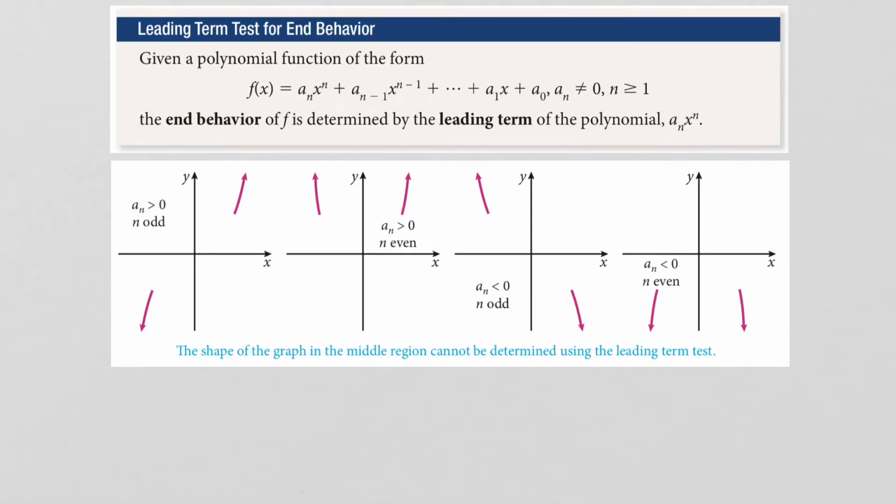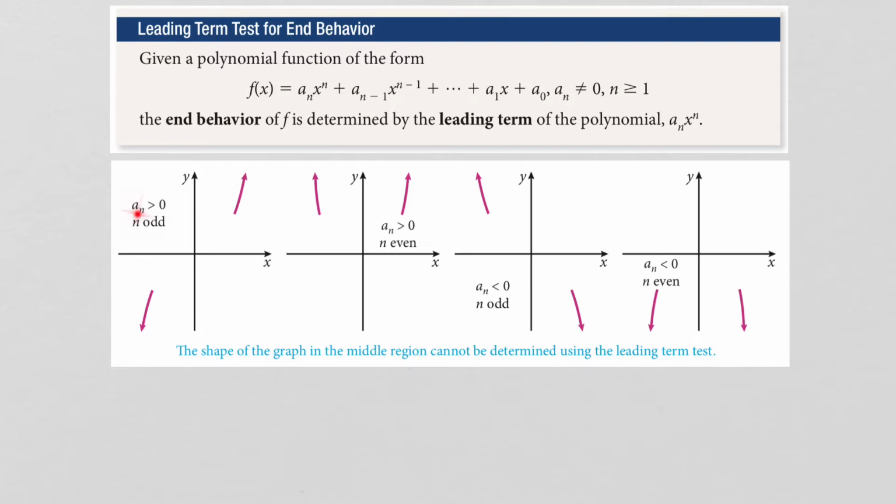All right, so now we're going to talk a little bit more about end behavior. In addition to the power of the polynomial telling you about end behavior in terms of whether that power is even or odd, the leading coefficient also tells you about that end behavior. So we have a summary down below here.